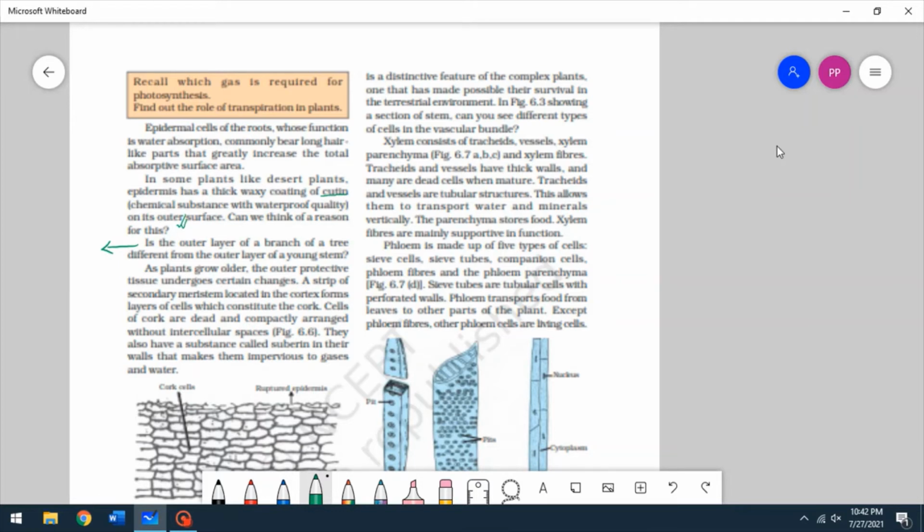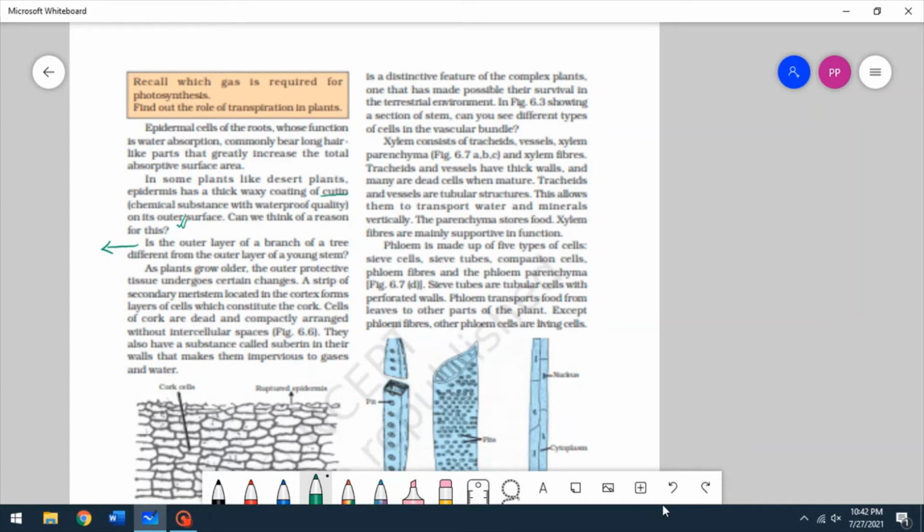As plants grow older, the outer protective tissue undergoes certain changes. A strip of secondary meristem located in the cortex forms layers of cells which constitute the cork. That's like hardened dead cells, alright? Cells of cork are dead and compactly arranged without intercellular spaces. They don't have any spaces between them.